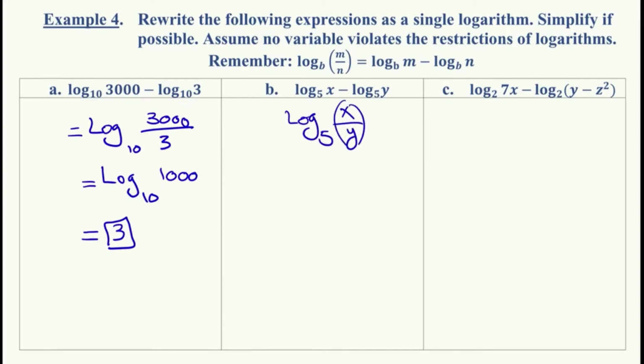This is just to give us some practice with the rule. Here, of course, 7x is playing the role of m. The entire expression y minus z squared is playing the role of n. So we're going to get log base 2 of 7x over y minus z squared.